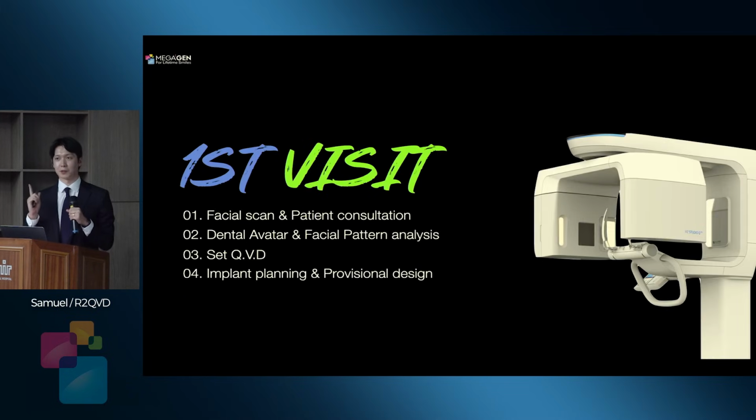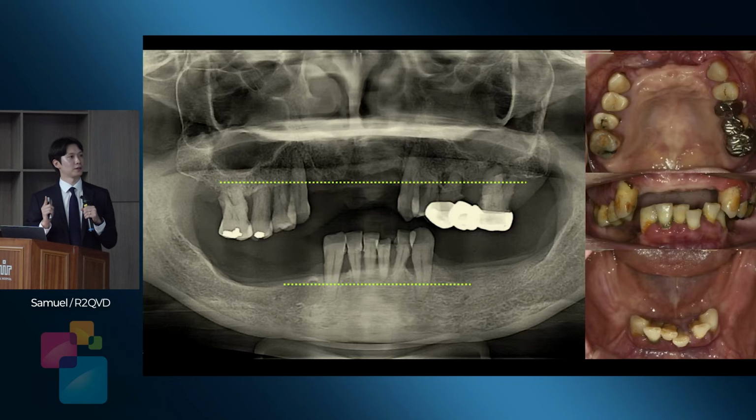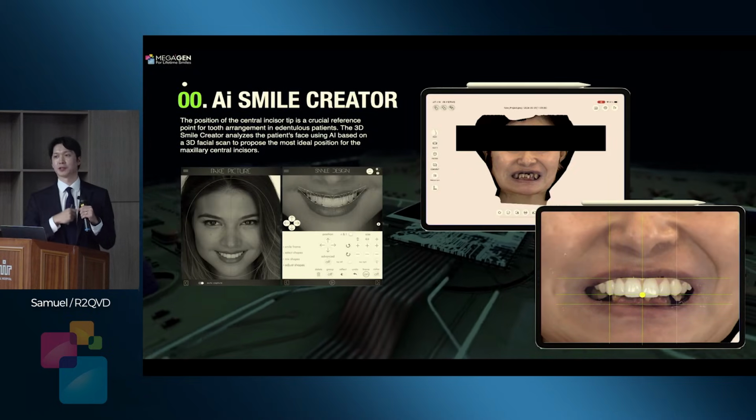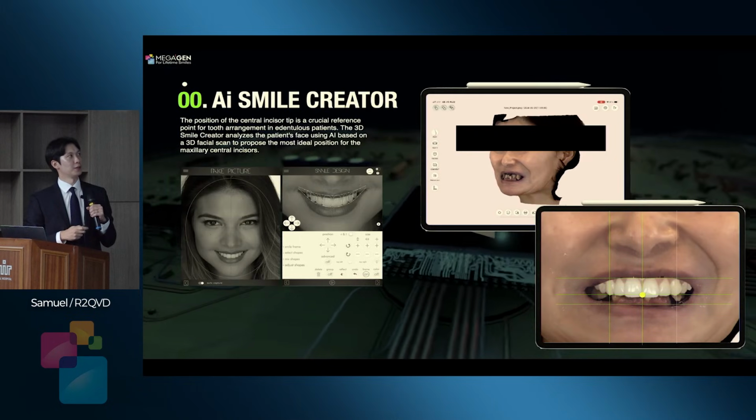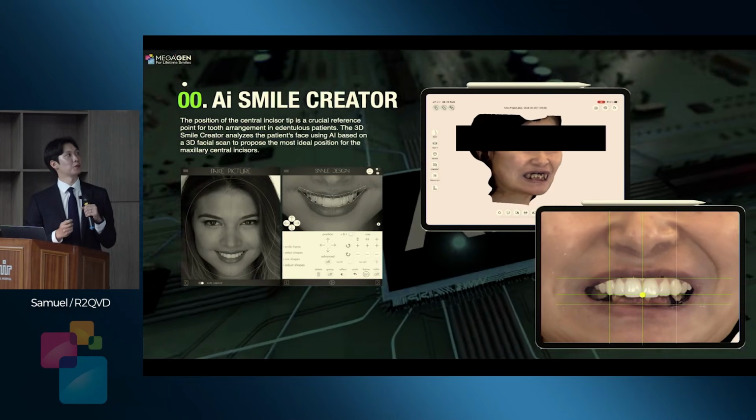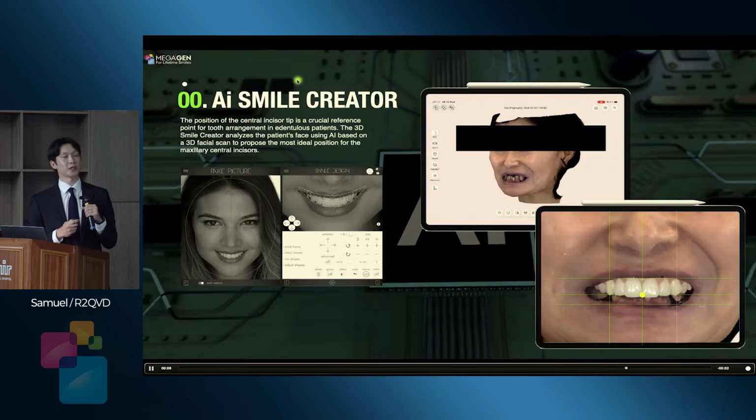When the patient first visits, you can take photos or X-rays, something like that. Then also take a facial scan first. And using the facial scan, we have software for the Smile Creator.